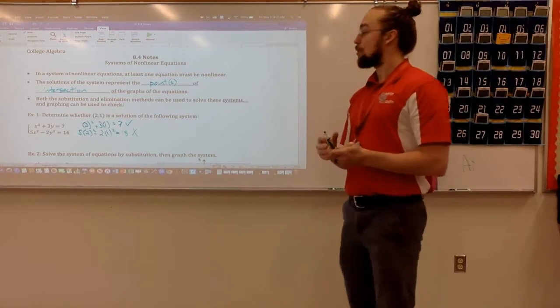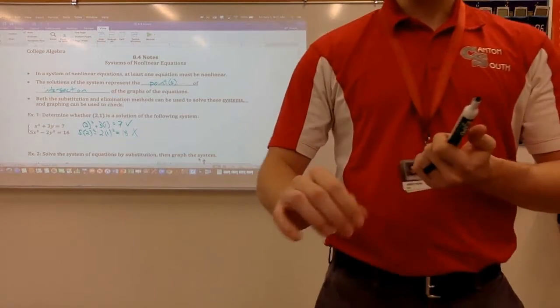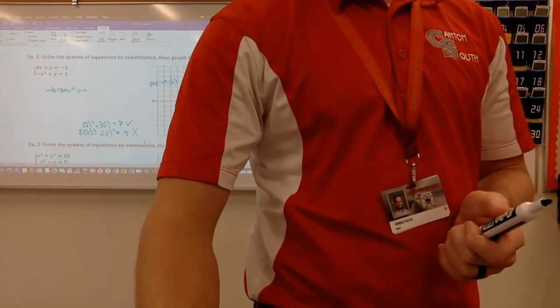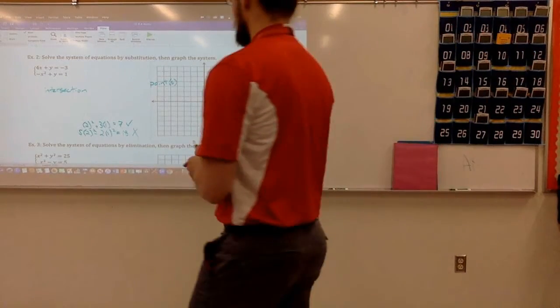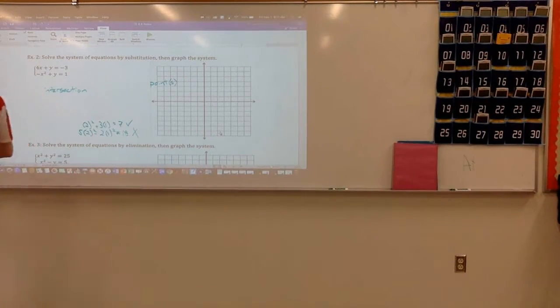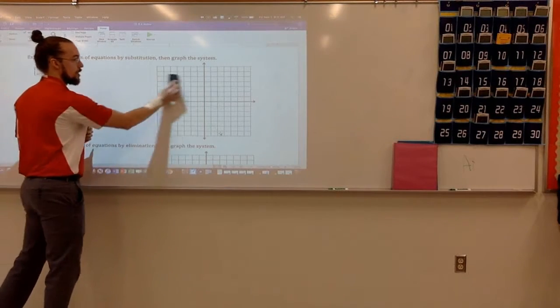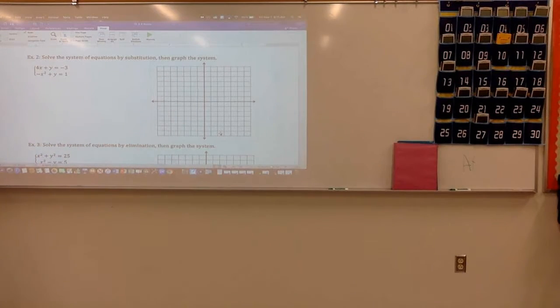Okay. So to actually solve a system, let's take a look at example 2 here. This one says to solve by substitution. Substitution was where we solved one of the equations for one of the variables and then plugged that into the other equation.